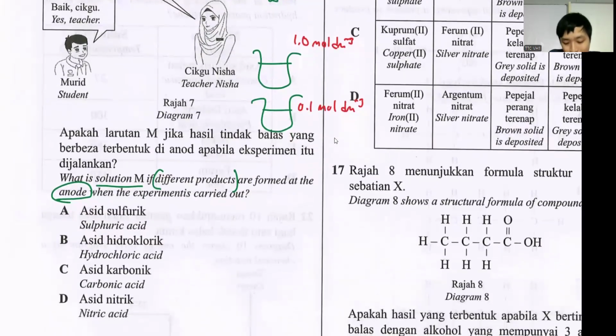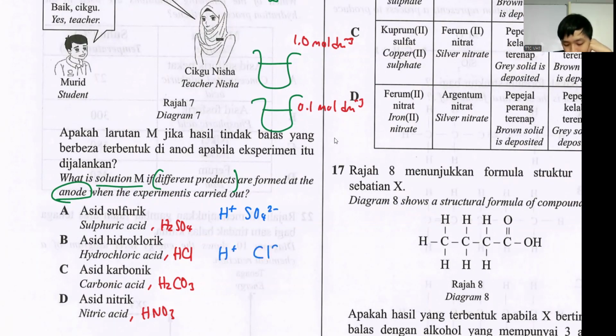So A is H2SO4, B is HCl, C is H2CO3, D is HNO3. Very simple one. So we split the ions and see.